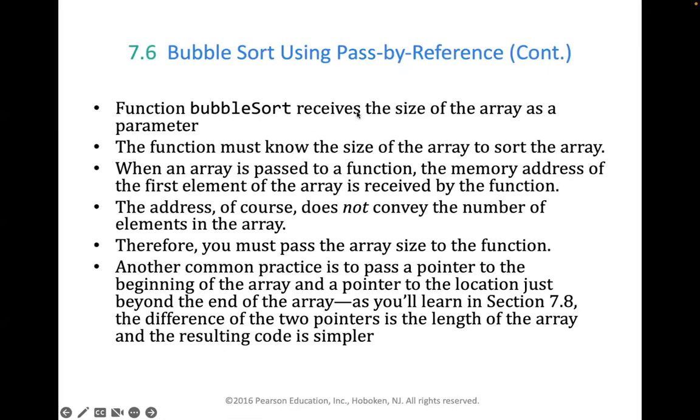So the function bubble sort receives the size of the array as a parameter, and this is constant. The function must know the size of the array to sort it. When an array is passed to a function, the memory address of the first element of the array is received by the function. So this is just the array name.